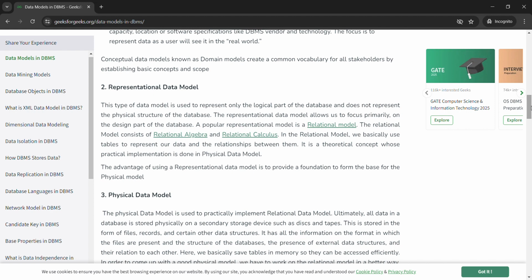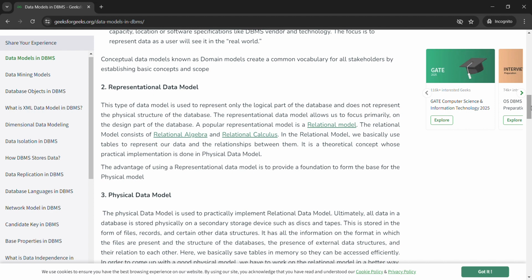The relational model consists of relational algebra and relational calculus. In the relational model, we basically use tables to represent our data and the relationships between them. It is a theoretical concept whose practical implementation is done in the physical data model.